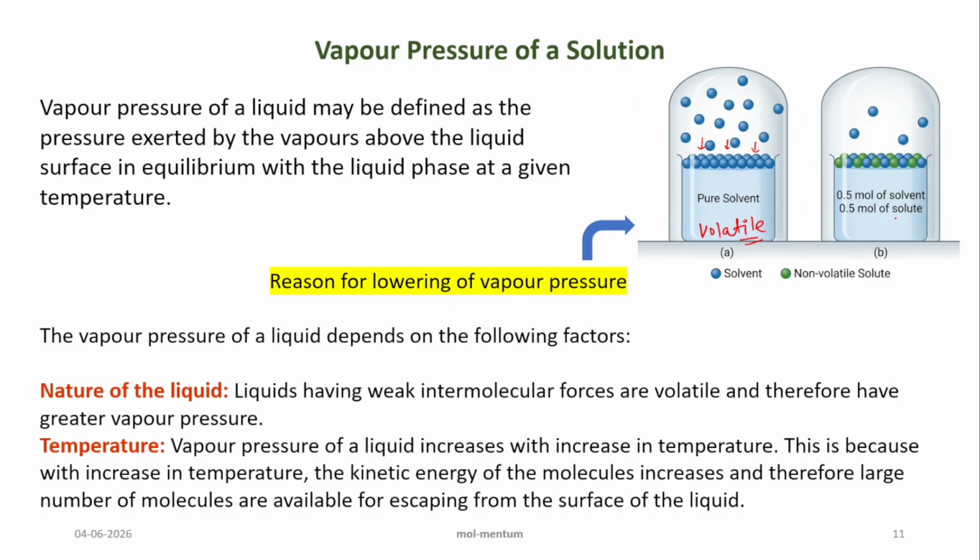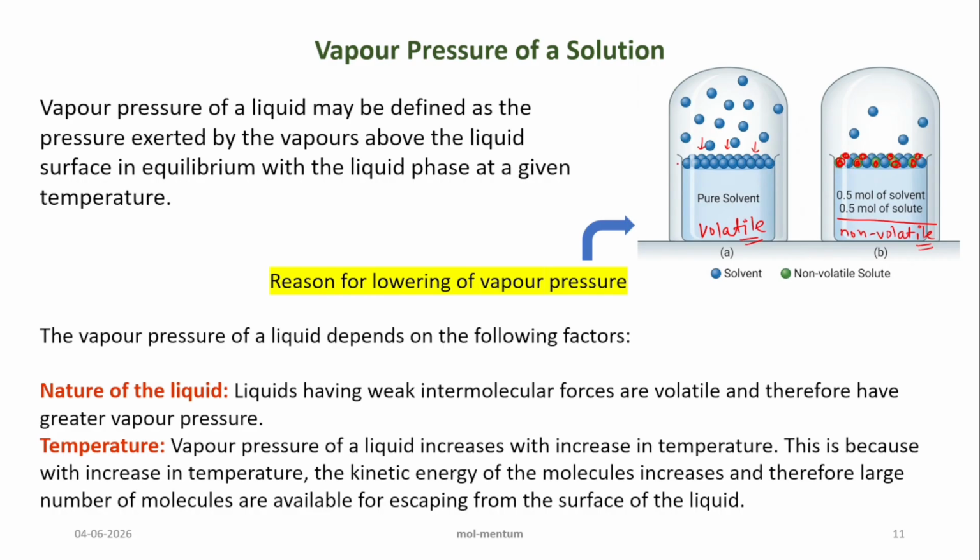Now, if I add a little amount of solute which is non-volatile, non-volatile means it does not evaporate. So if it is not evaporating, that means some part of the upper layer, like these green balls, is occupied by solute particles which are non-volatile.